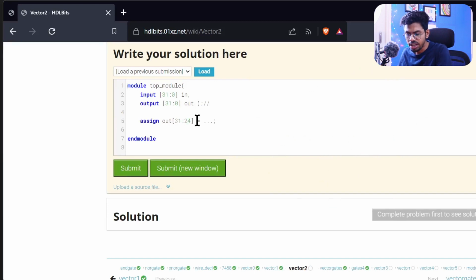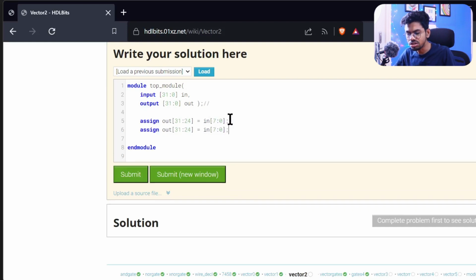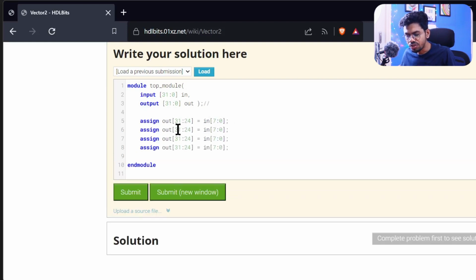So let me get it out of the comment section, and I can write. So this is the most significant part of your output. The most significant 8 bits of your output should be assigned from the least significant 8 bits of your input. So this is the first line, and accordingly you need to do the other 3 lines. Let me do those. So 31 to 24 is done.